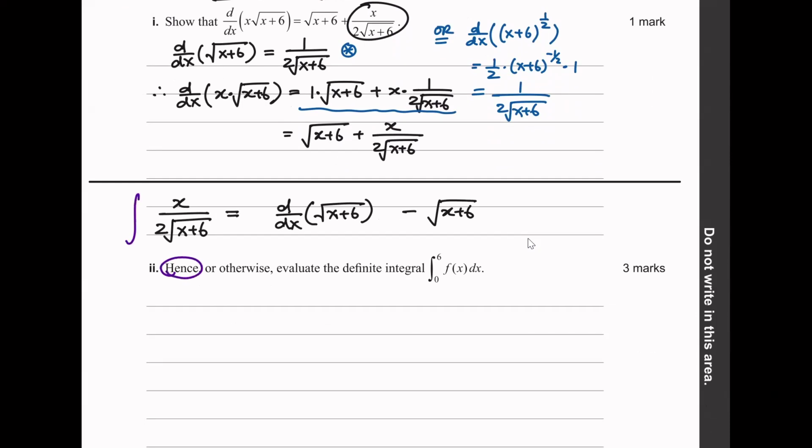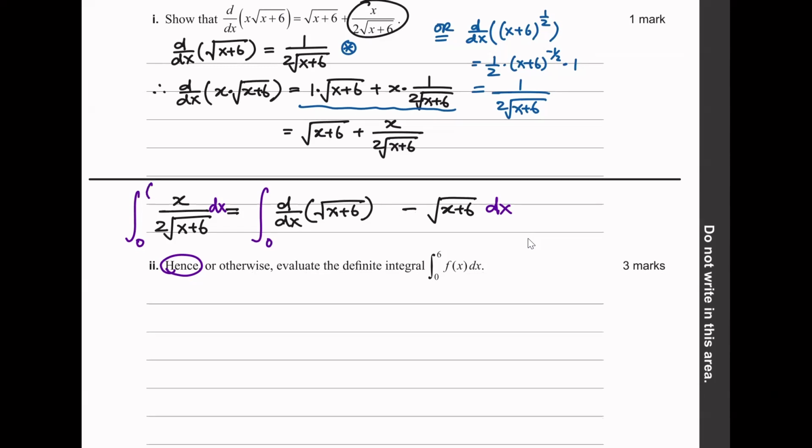And if I antiderive both sides with limits, 0 to 6, what I'll get is, I'll cancel out the d dx here. Just get x times square root of x plus 6.